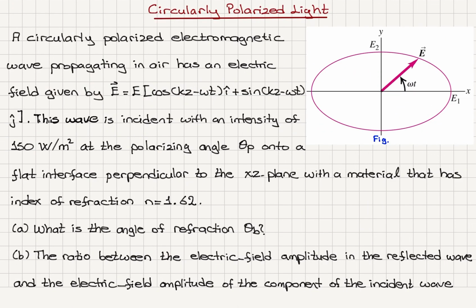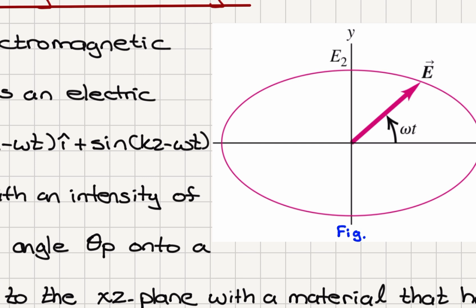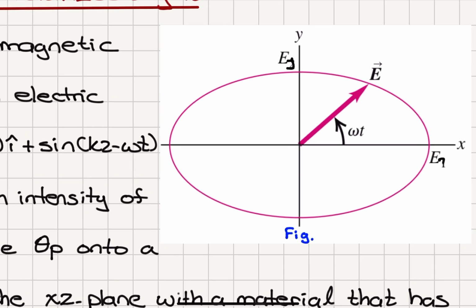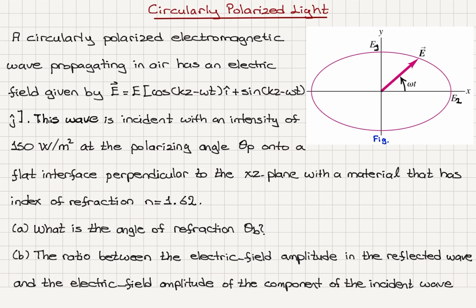So maybe it's better to relabel these, so we can do that here. This is actually E1. This is actually E2. To be consistent.